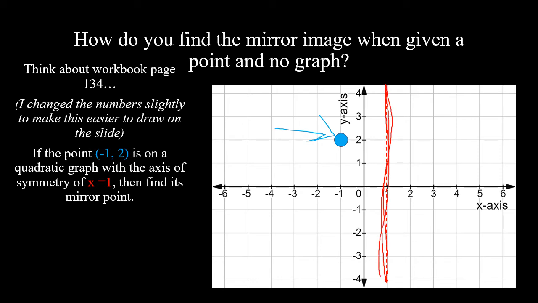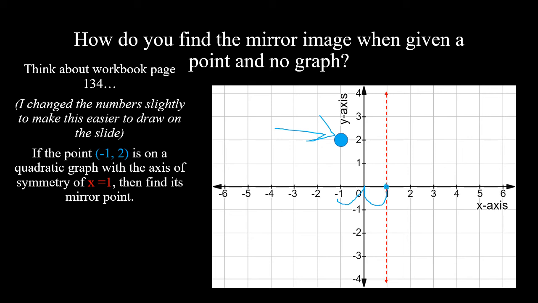So how do we do that? Well, we look to see how far away this first point that we have is from the axis of symmetry. So this point, the x value, starts at -1. How far is that from x equals 1, our axis of symmetry? It's 1, 2 away from our axis of symmetry.